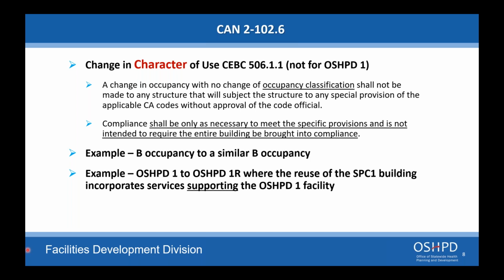So if there's no change to the occupancy, you're going from a B to a similar B occupancy, there's no requirement to upgrade the whole building to current code.